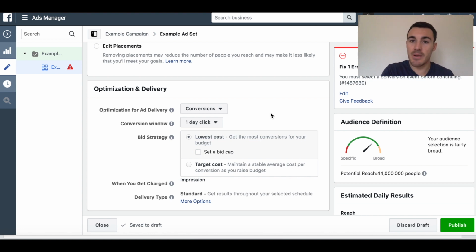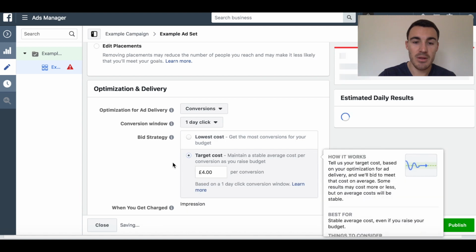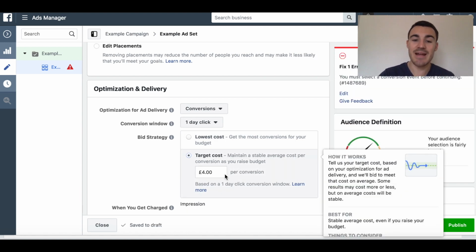And what you might see with lowest cost is really low conversion costs, great cost per purchase early on, but then your results slowly start to drop off, particularly if you scale, look to spend more money, and look to get your ads in front of more people. Target cost is supposed to be the answer to that. So with target cost, if I just select it here, I'll show you, I would select target cost, and then I'd enter what I would like to pay per conversion.